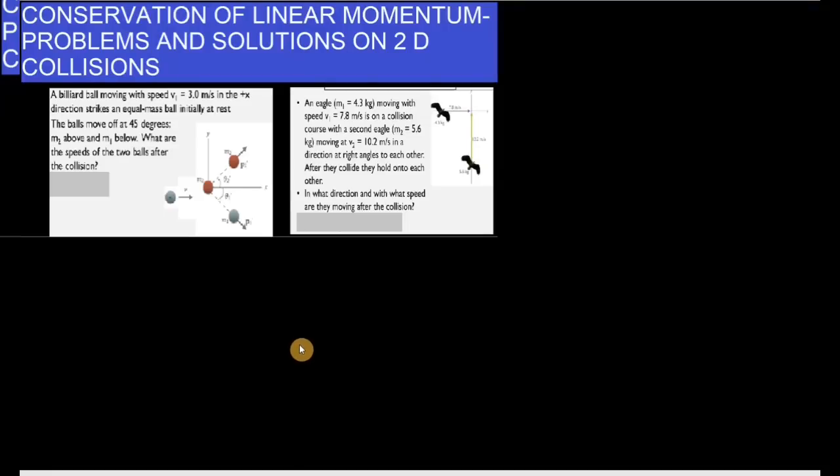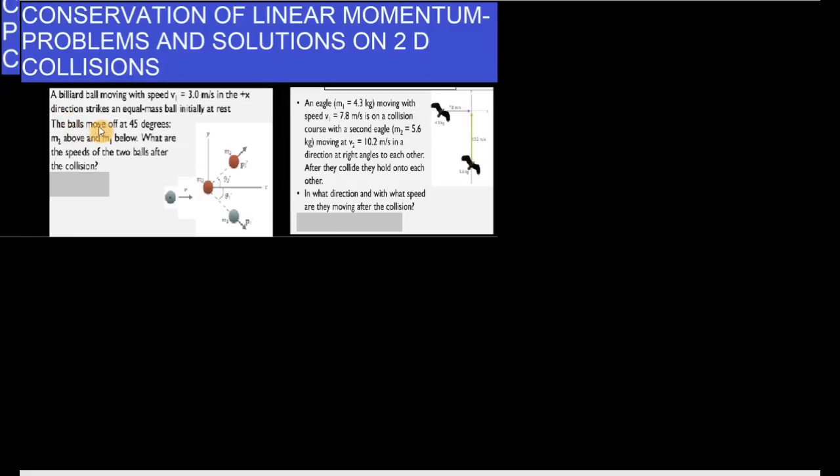Hi, in this video we'll look at problems on 2D collisions and look at how momentum is conserved in this program. So we give the solutions. The first one says a billiard ball moving with velocity v1, 3 meters per second in the positive x direction, strikes an equal mass ball initially at rest.